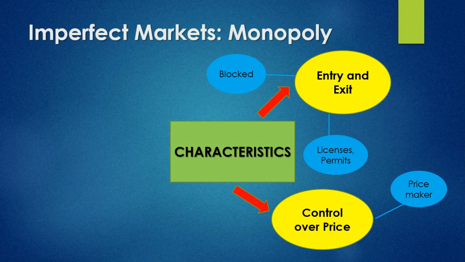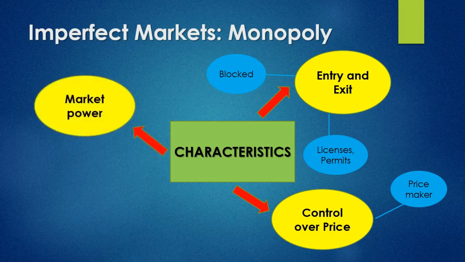They're able to influence it. Therefore, they are known as a price maker. And looking at market power, because they are the only business, they have market power and they are able to exploit consumers. So these are the characteristics that make up the monopoly market.